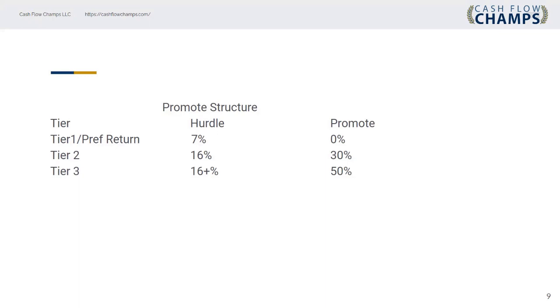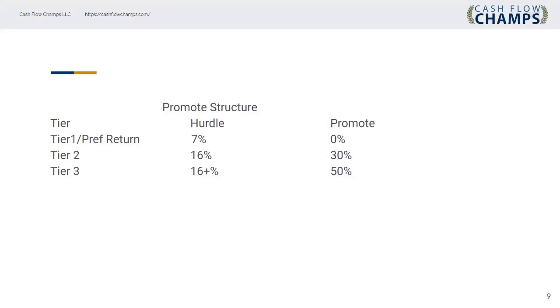Anything over 16% IRR, the promote splits 50-50 between the passive investors and the general partners or sponsors. You can see there's an incentive for the sponsors or general partners to do a good job, such that there's a higher IRR the deal is producing, because you're increasing your promote each and every time the deal performs well.